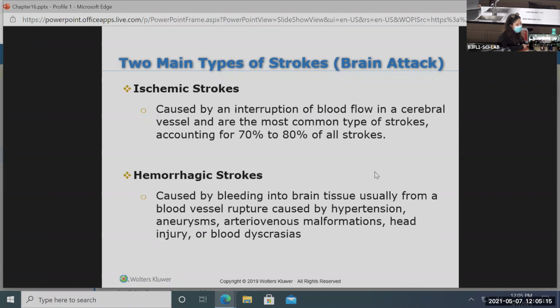Hemorrhagic stroke may be the rupture of blood vessels, maybe due to pre-existing hypertension, aneurysm, or some malformation in the blood vessels we call arteriovenous malformation, or traumatic injury, or some type of blood dyscrasia.